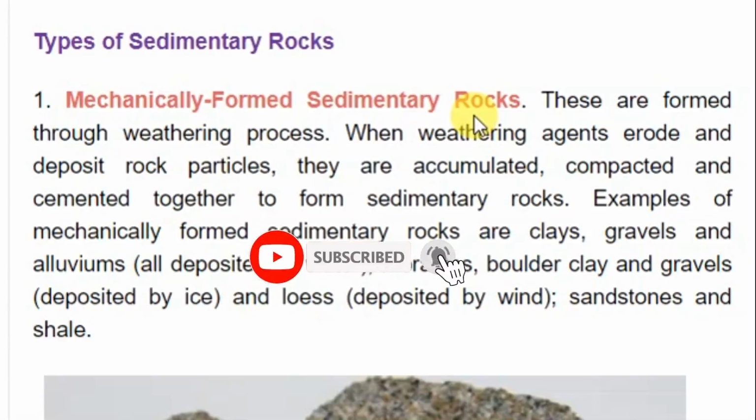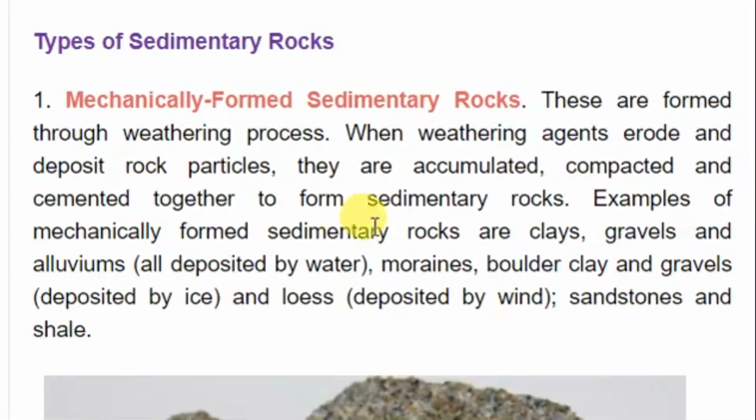The rocks can crack, then the particles of those rocks can sediment, maybe somewhere like a river. After those particles sediment in the river, what will happen is the formation of sedimentary rocks. So when weathering agents erode and deposit rock particles, they are accumulated, compacted and cemented together to form sedimentary rocks.